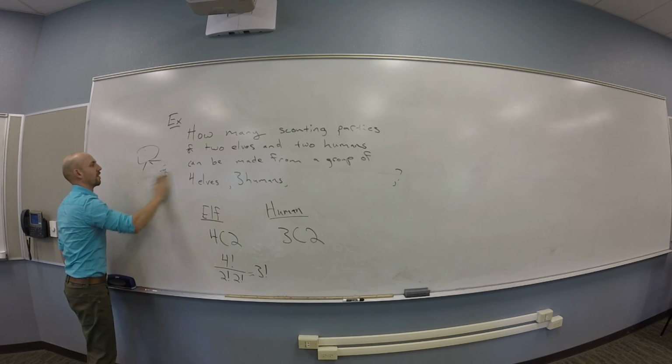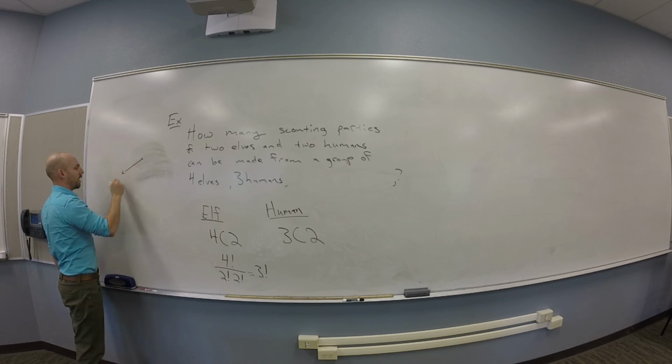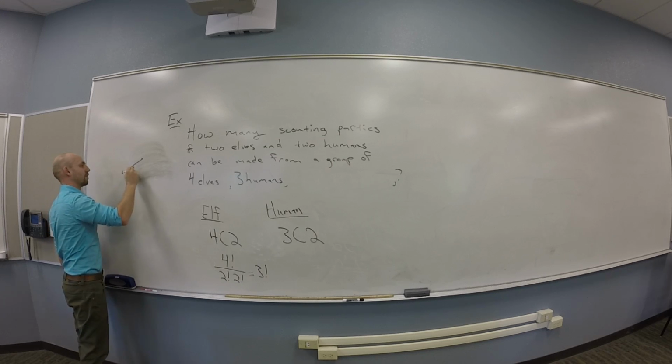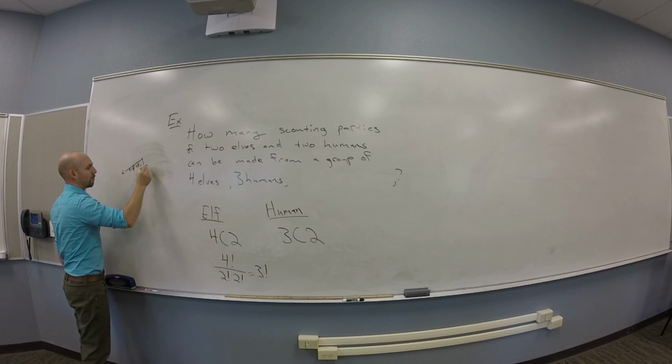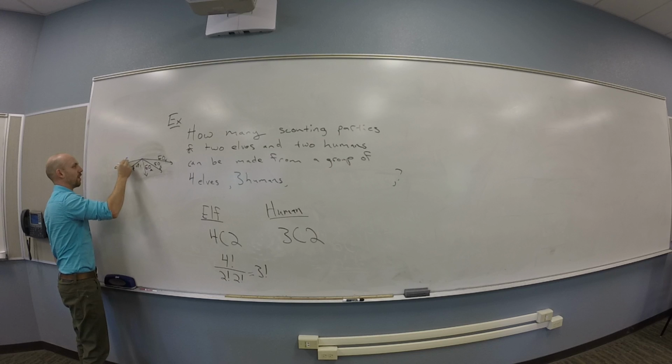So if I was doing a nice job with my tree, I start out, and then there's elf option 1, elf option 2, elf option 3, elf option 4, elf option 5, and elf option 6.